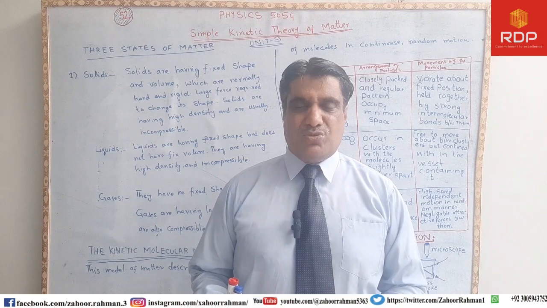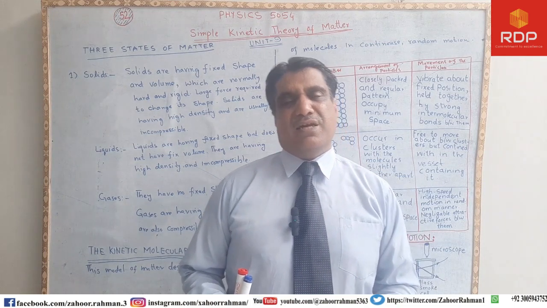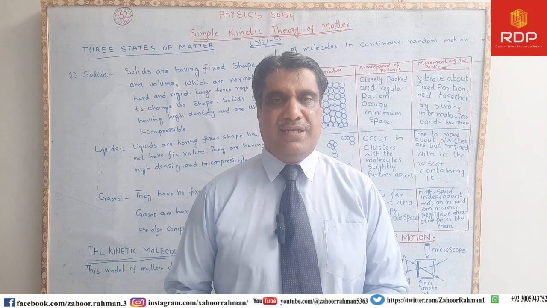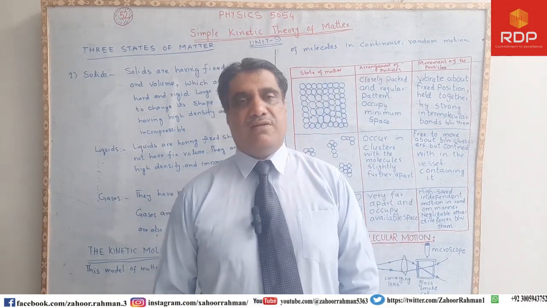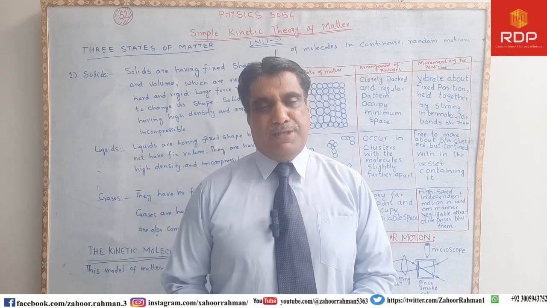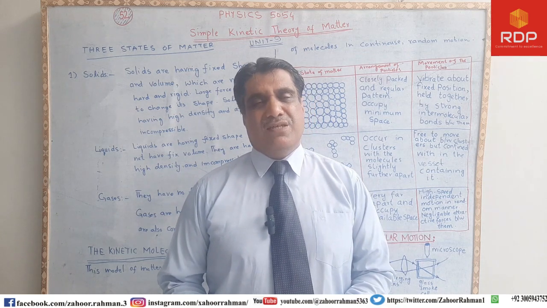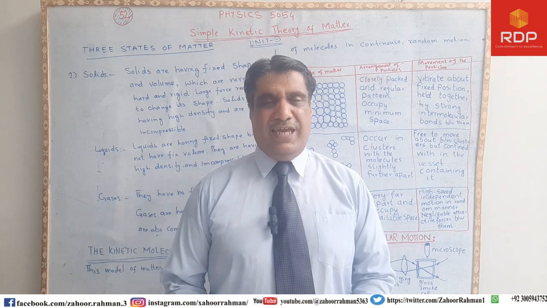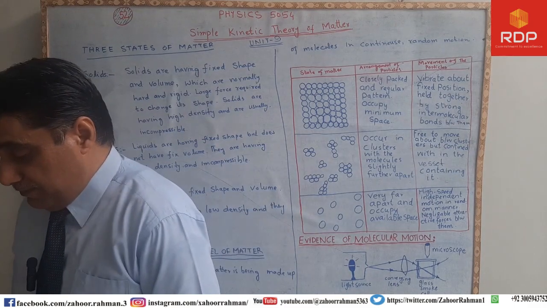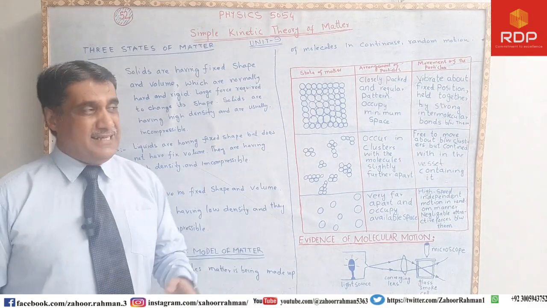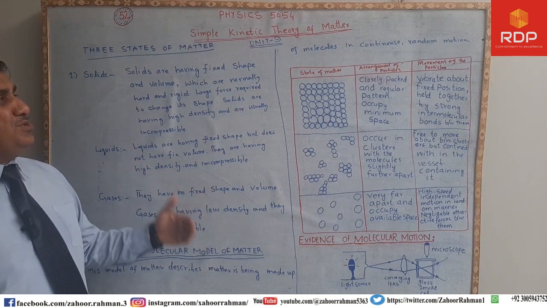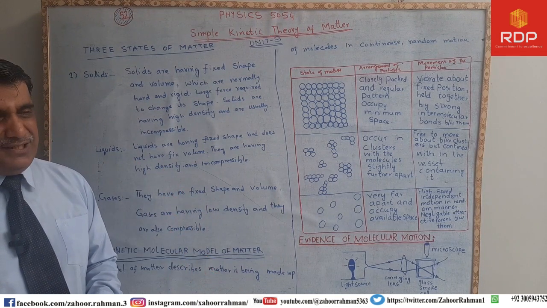These questions were hidden questions for a very long time, and scientists were trying to develop this concept. For that particular purpose, Robert Brown, an Englishman, did an experiment and he explained this model, the kinetic theory of matter.